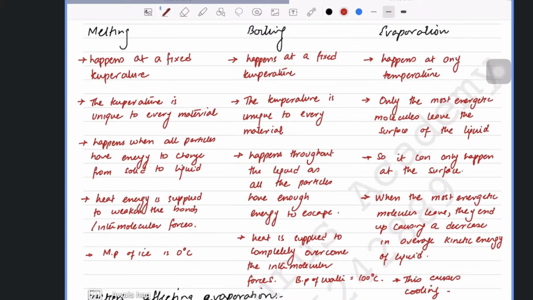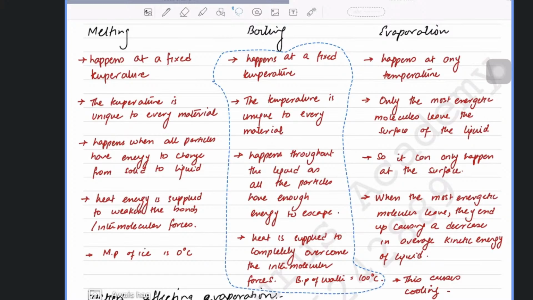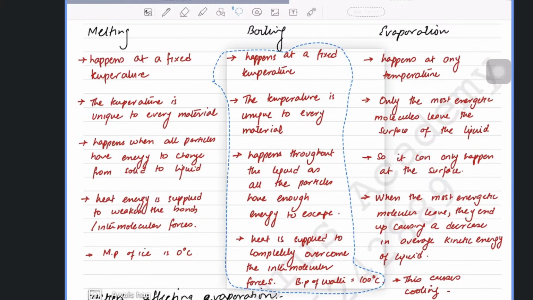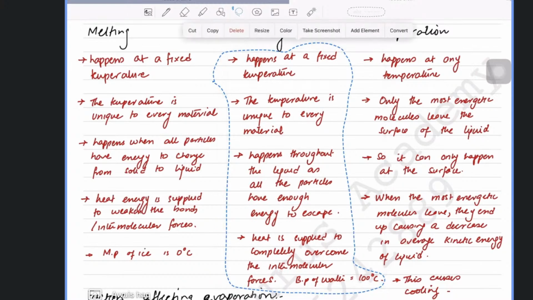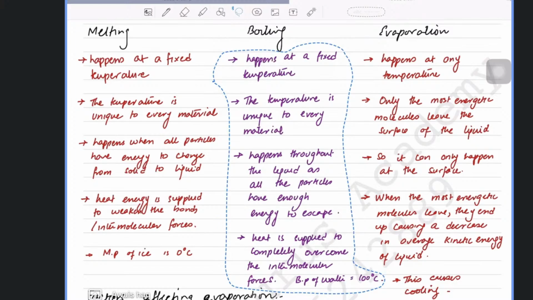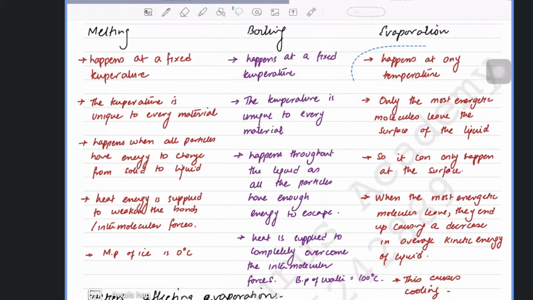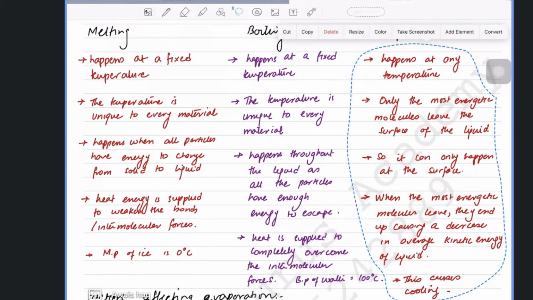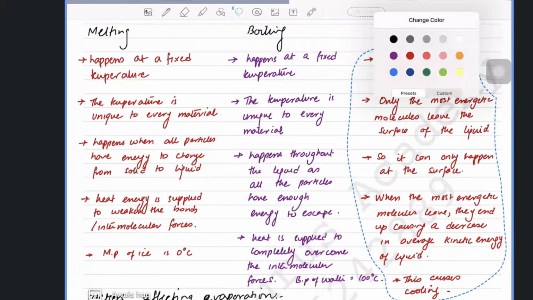So I'll try to make it a different color because I believe that then it would be easy not to mix up. Let's make it purple. Okay, fine. And then let's pick color blue.